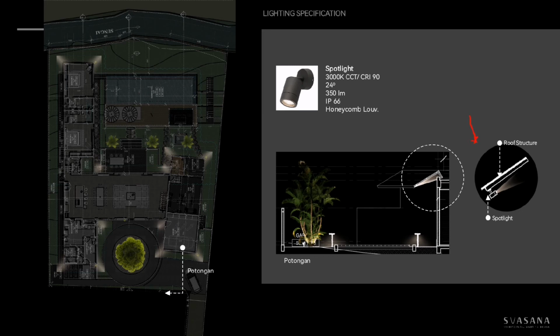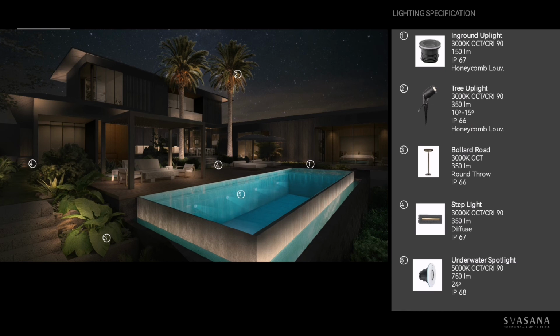Actually the spotlight is inside to highlight the inner part of the roof, so it's a highlighted ceiling.